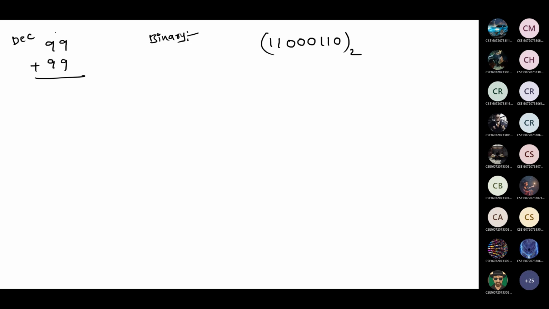So 9 plus 9, 18. So 198 in decimal. So convert 198 which is in decimal into binary. If I divide it continuously by 2, 99.